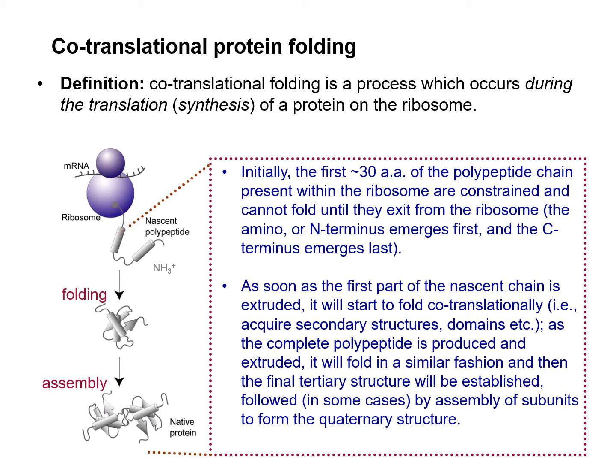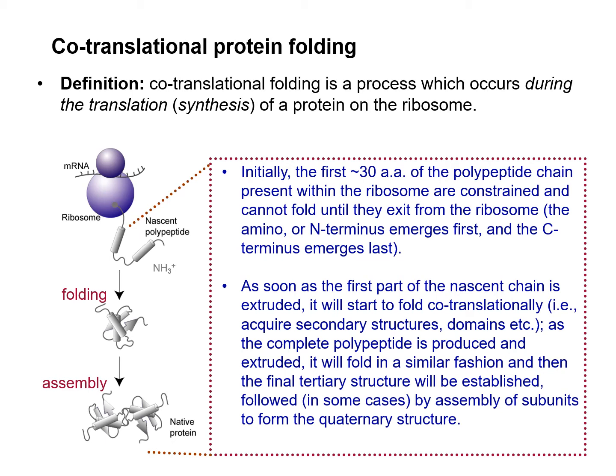And as you know, the amino or N-terminus emerges first and the C-terminus emerges last. So the folding process will follow the same order. N-terminal regions will be folded first and then the C-terminal regions follow.